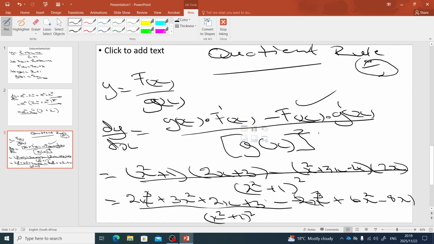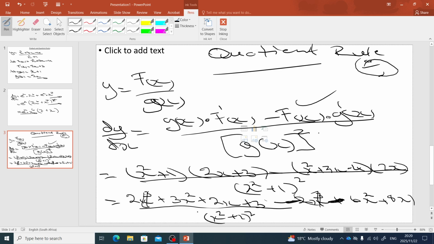When you multiply this with a negative, it will be negative. When you multiply that with a negative, it will be positive. All right, this is what we have here: negative 2x to the power 3, and then you would have removed your brackets. Now this and this will fall out.